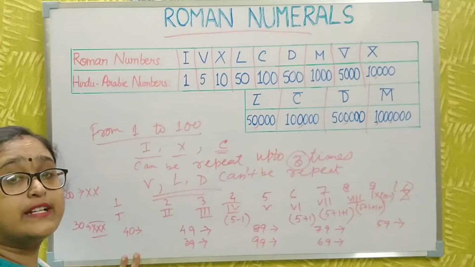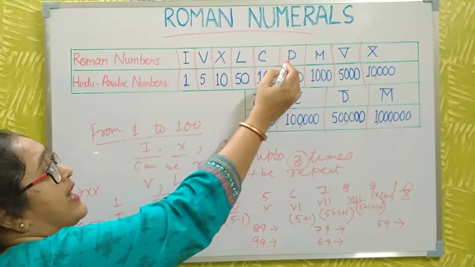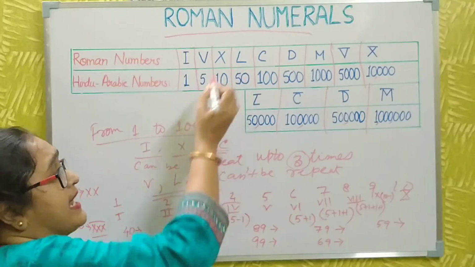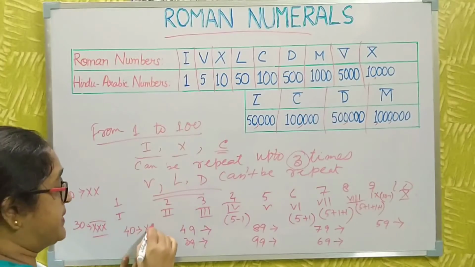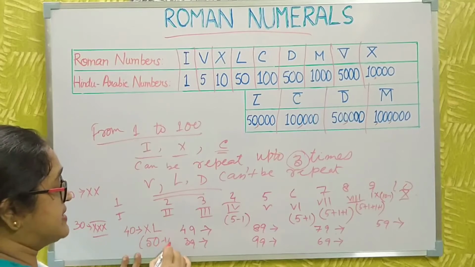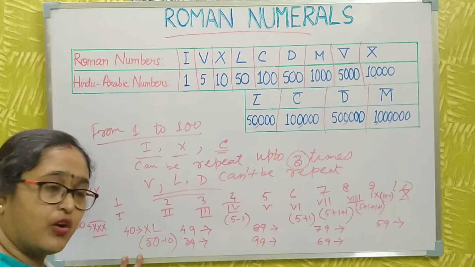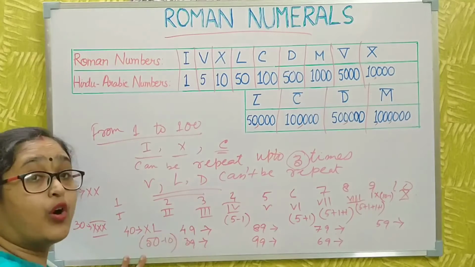That's why for 40 you subtract from 50. 50 means L. Just subtract 10 from 50: XL. This is 50 minus 10, which is 40. Okay? Is it clear?